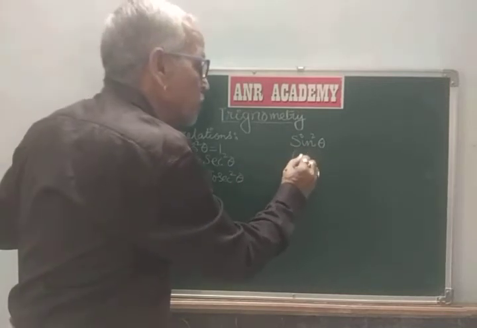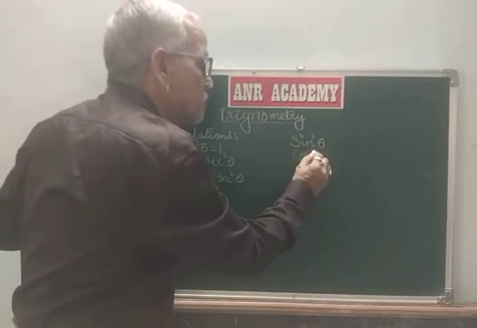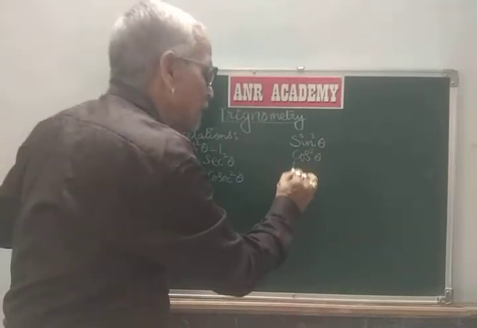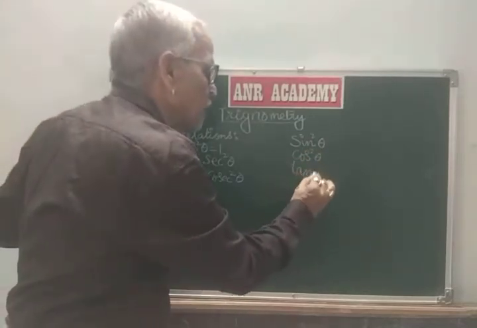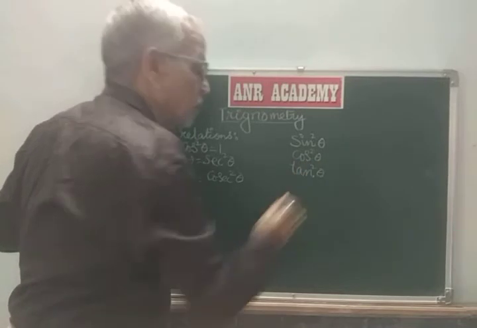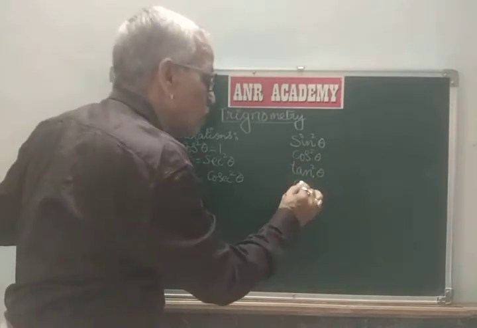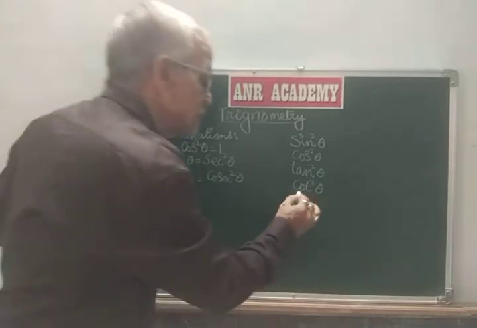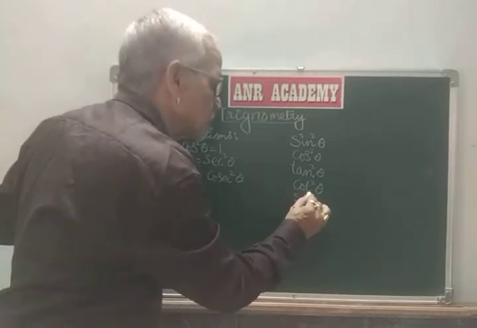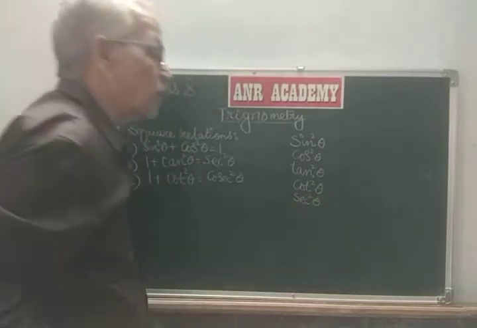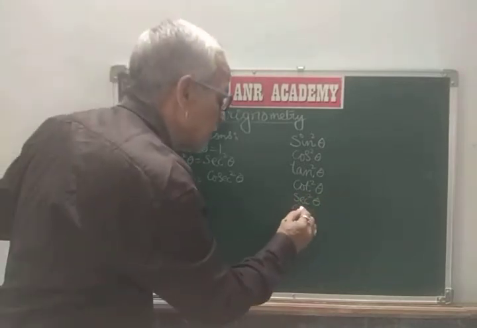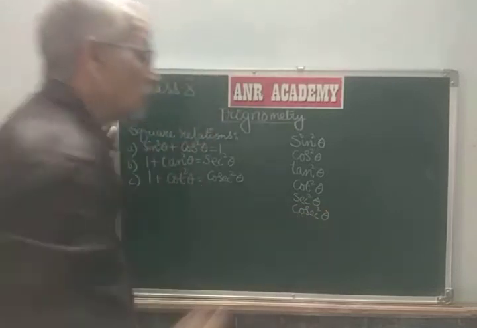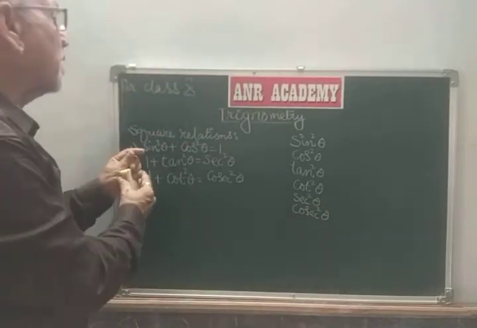We write it like this: sin square theta, but not sin theta square. In the same way, we write cos square theta, tan square theta, cot square theta, secant square theta, cosecant square theta.